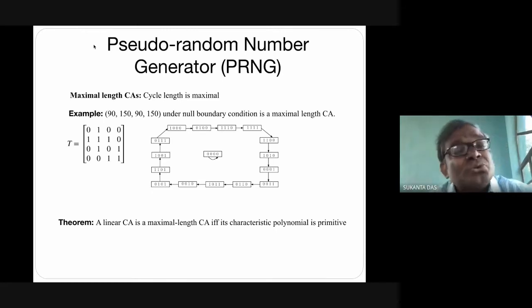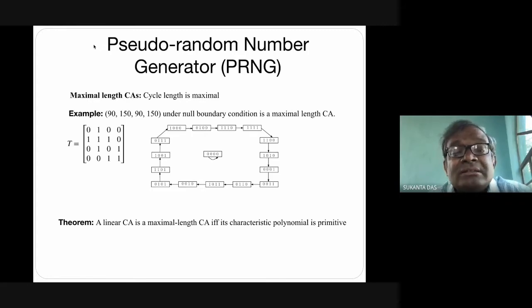Okay, so many theories are there. I'm not going to cover them. I'm just telling that if you want to use maximal length automata, be it linear, be it complemented, what you need is the matrix for the CA, and if the characteristic polynomial of that matrix is primitive, then the corresponding cellular automaton is a maximal length cellular automaton.